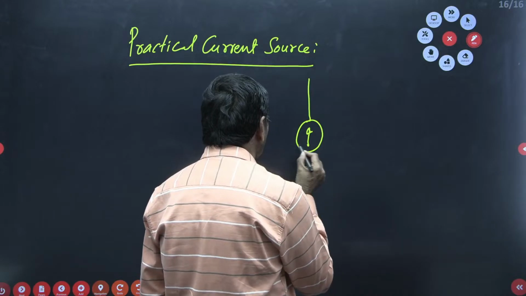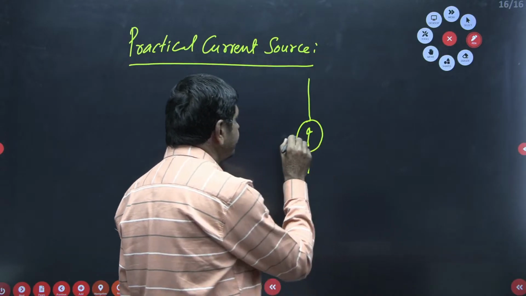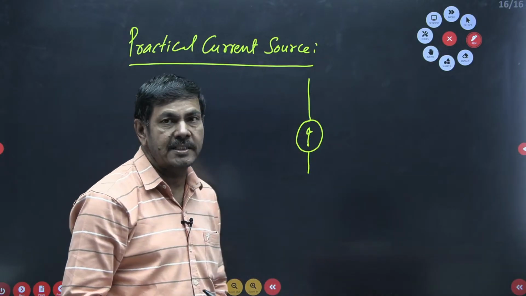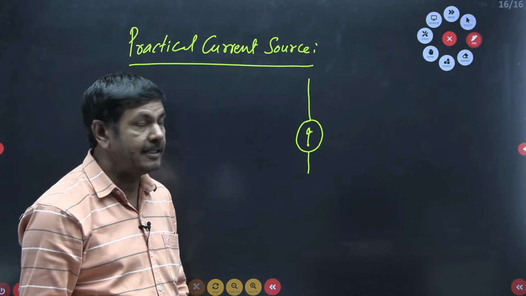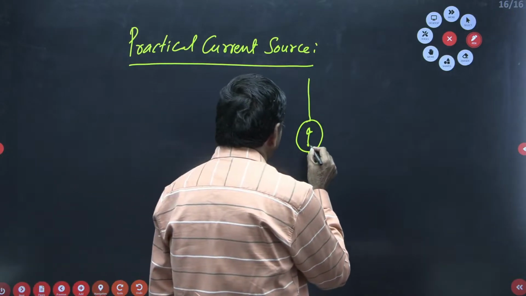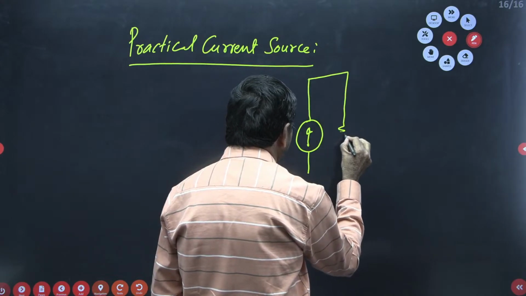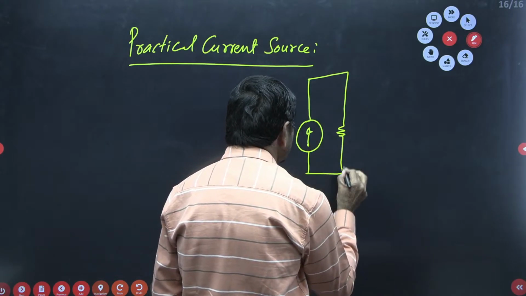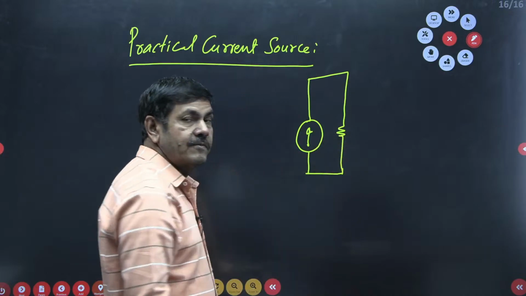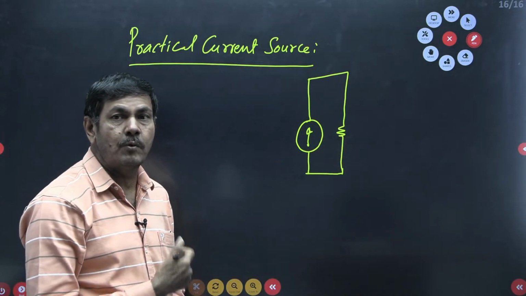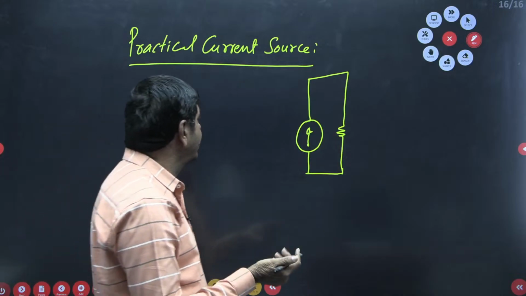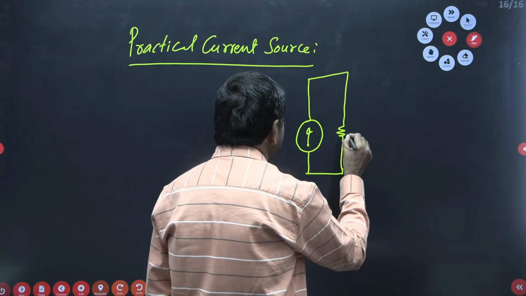But here, the resistor which exists in the current source must be connected in parallel. In the ideal current source, that parallel resistance will be infinite, and infinite means open circuit. In a practical case, there is a resistor RS.